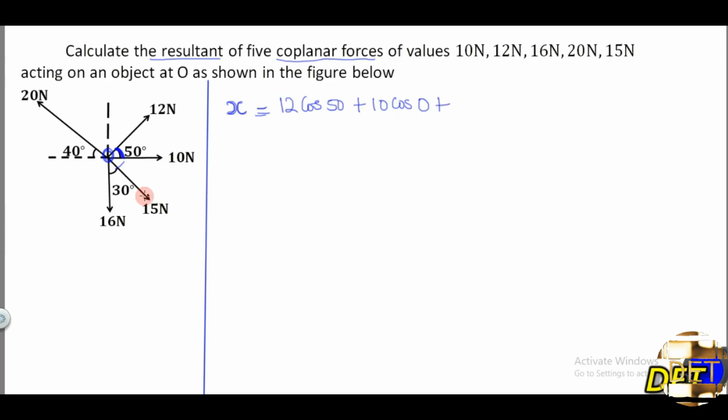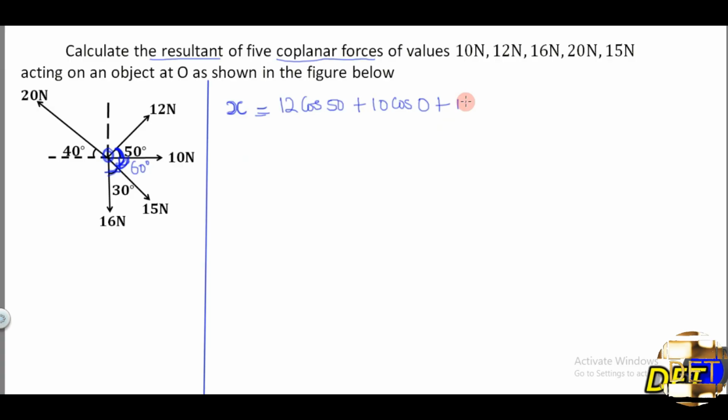Plus the next force that I have is 15 Newton, and it will act towards the horizontal. So if here is 30, you should know that this entire place is 90 degrees. So if here is 30, here will be 90 minus 30, and that will give us 60 degrees. So it will act towards this angle.